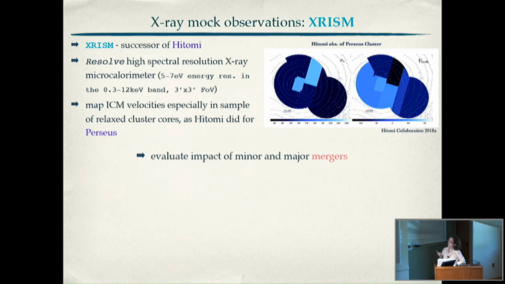Its field of view is 3 by 3 arcminutes squared, which corresponds basically to the pointings I was showing before, that are 200 kiloparsec in physical size, once you put your cluster at a redshift of about 0.06.